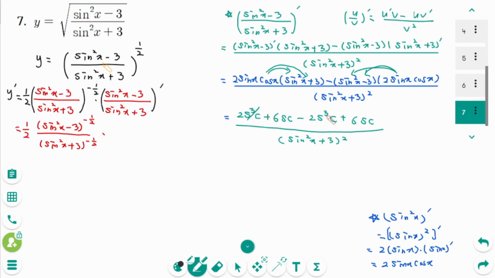Then cancel. This one is 12 sine x cosine x over sine squared x plus 3 squared.